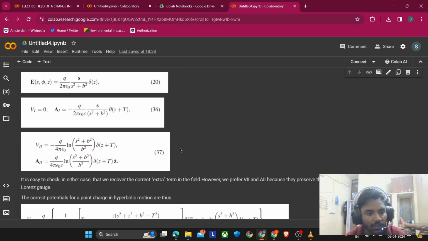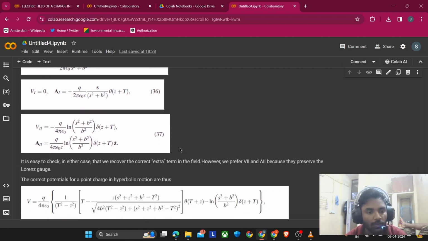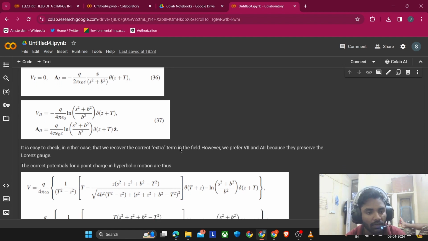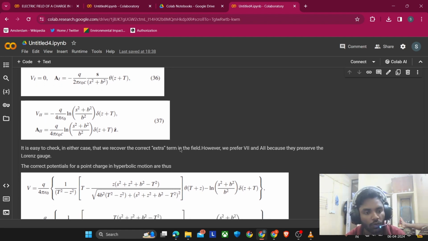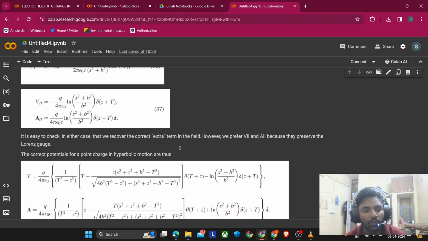In equation 37, V is minus q by 4 pi epsilon naught ln of a square plus b square by b square into delta of t plus z, and the vector potential is q by 4 pi epsilon naught c ln of a square plus b square by b square into delta of z plus t into z cap.